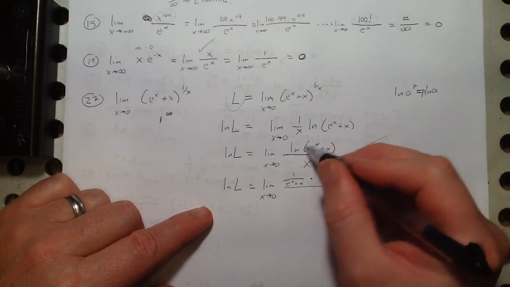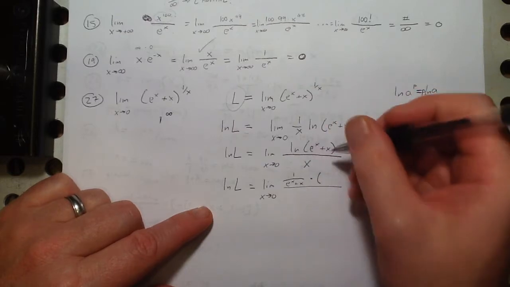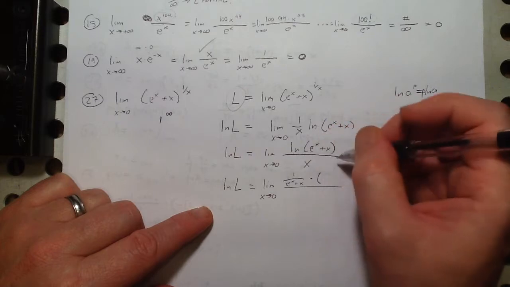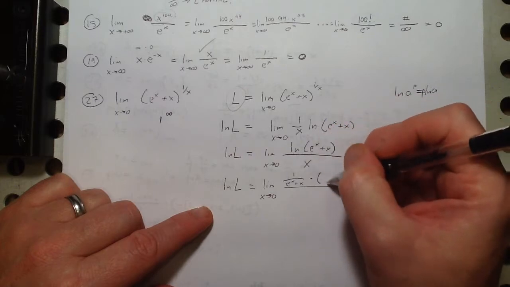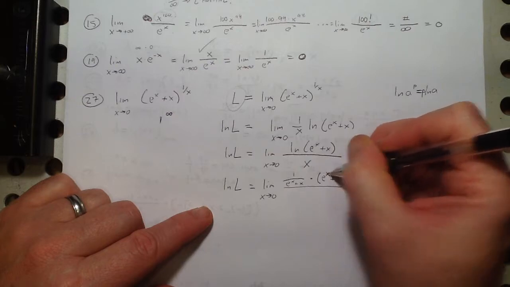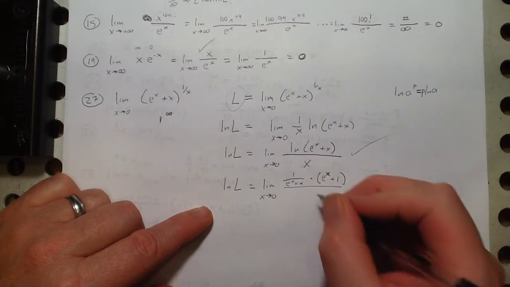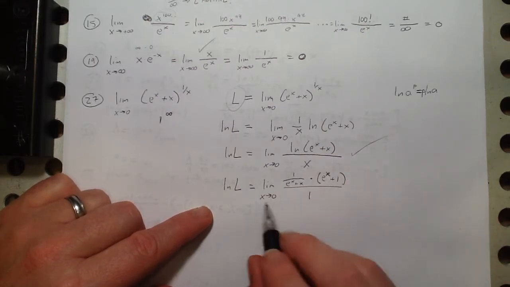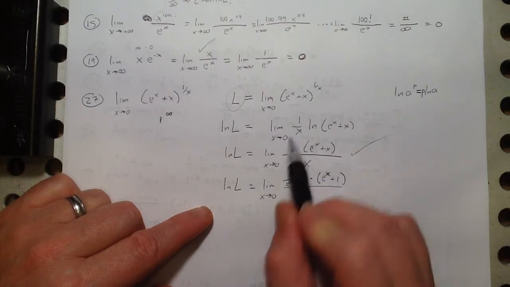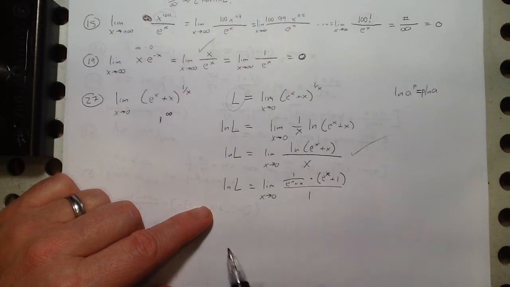And since that's not just an x, I have to use the chain rule. It's the derivative of what's inside. The derivative of what's inside is e to the x plus 1, divided by the derivative of the bottom. Again, this is not quotient rule. This is L'Hopital's rule. Just take the derivative of that, the derivative of that.